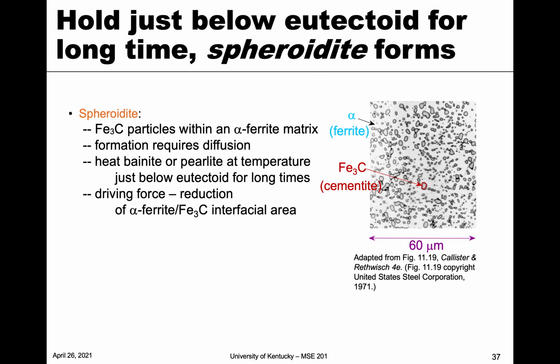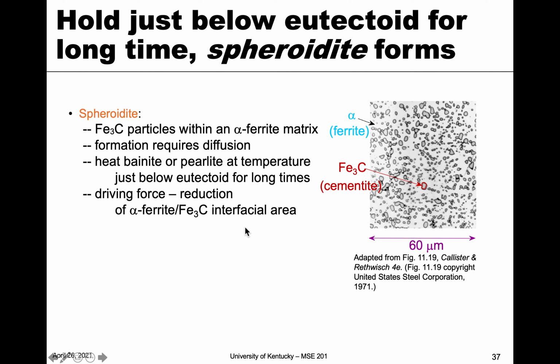However, those have relatively high surface areas for the particles of Fe3C. If we hold these steels at long enough times, at high enough temperatures, that high surface area is unfavorable.